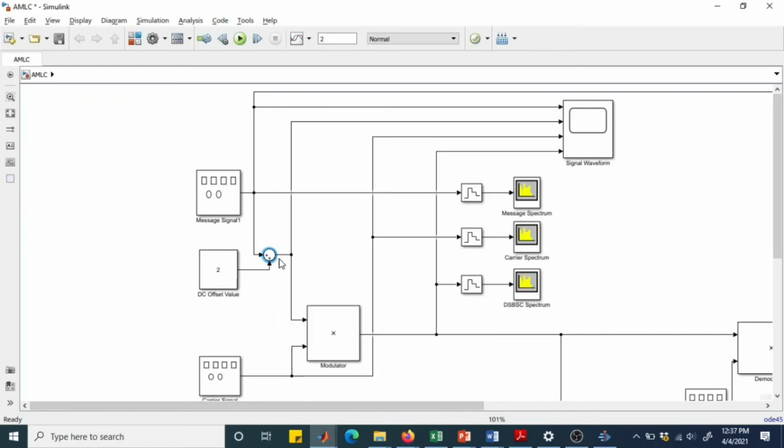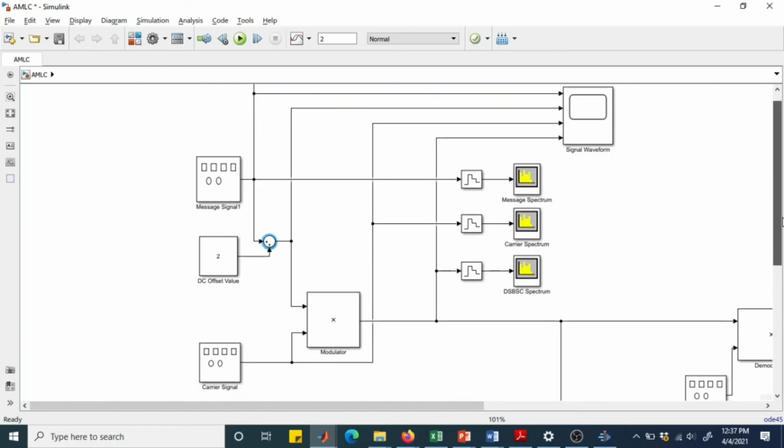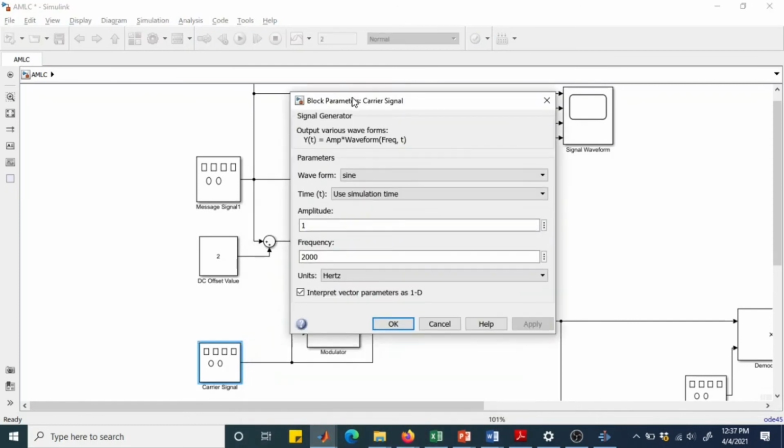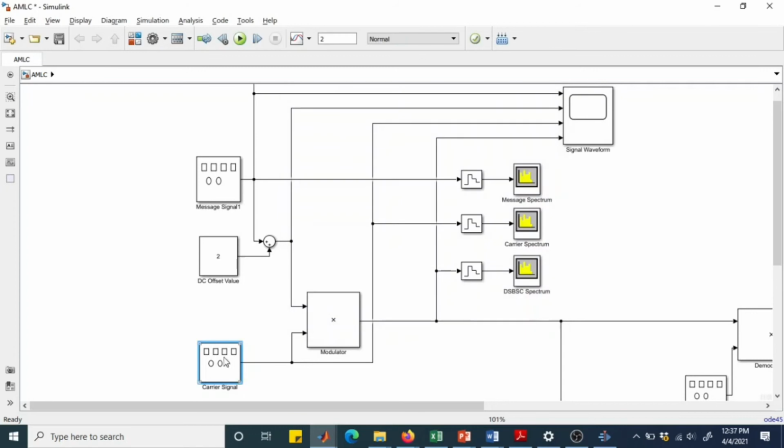So the output of this summation block is then fed to the multiplier or a modulator. Moreover, we also have a carrier signal, which is again a signal generator, and again we have a sine wave, but now the sine wave is operating at a much higher frequency of 2 kilohertz. So this carrier signal is now fed to the multiplier.